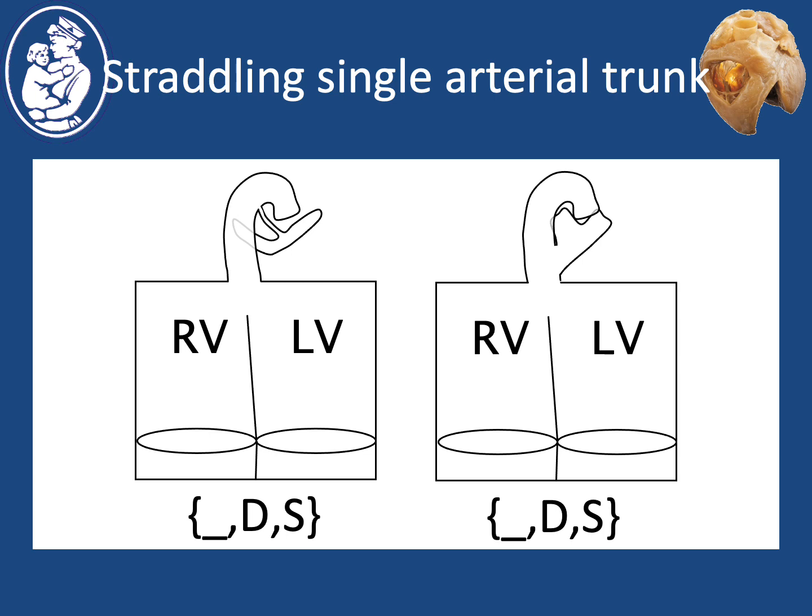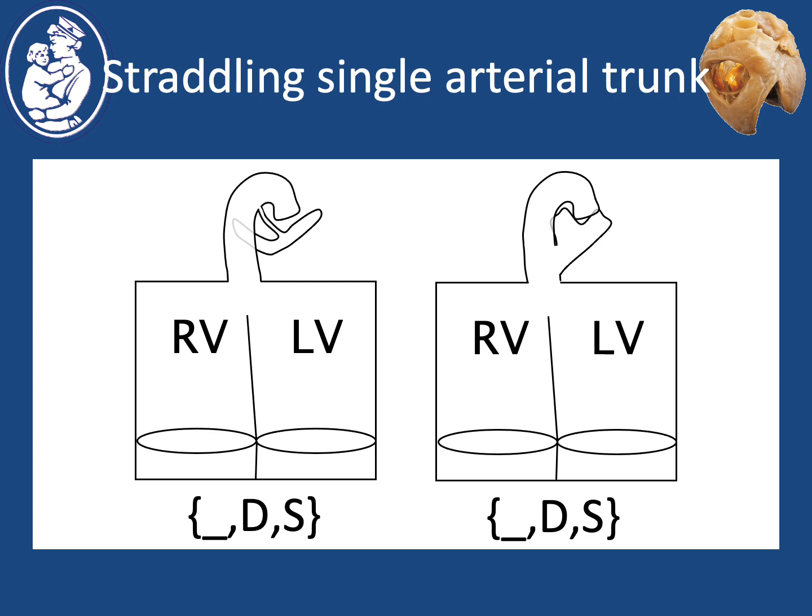Because of the similarity of the arrangement of the single arterial trunk in both of these cases to what we see in tetralogy of Fallot, the orientation or the status of the great arteries is usually considered normally related great arteries in both of these cases.